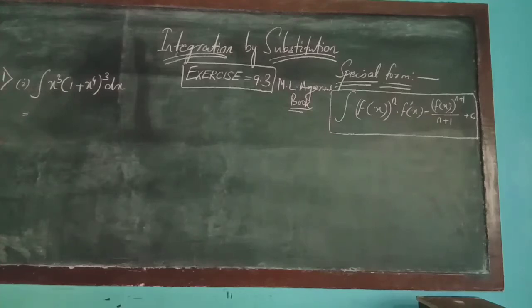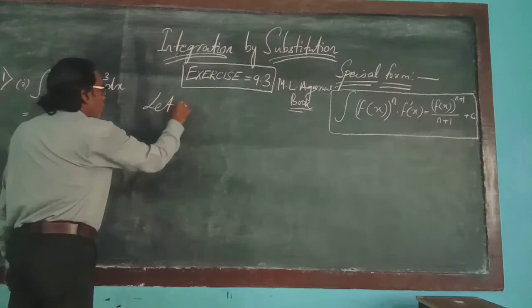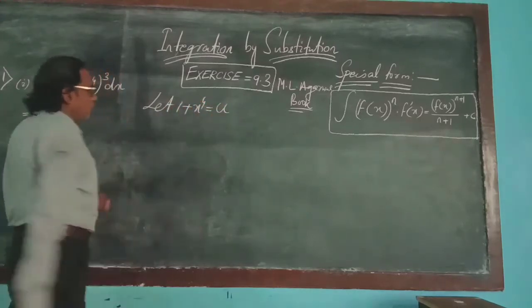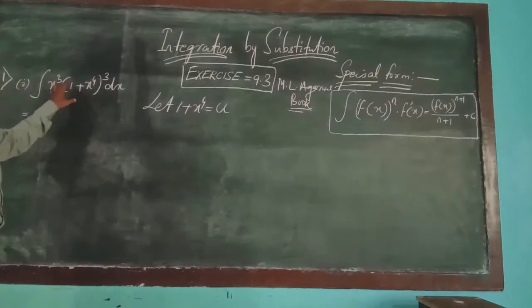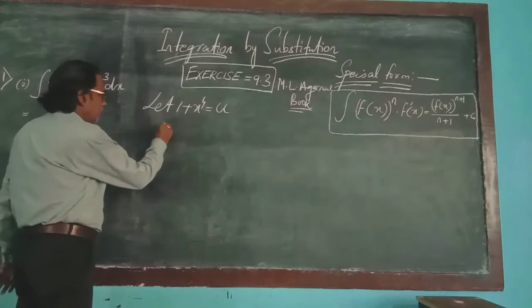Which one you have to take as substitute, that you have to see. Let us see the process of solving. Just follow. Let us take 1 plus x to the power 4 as u. What is the derivative of this?